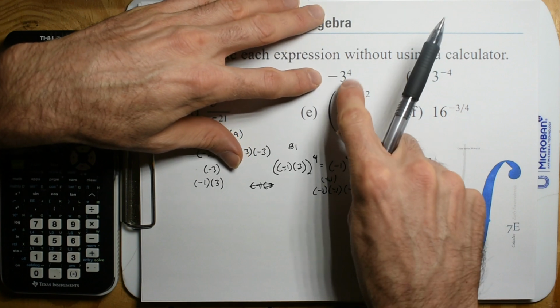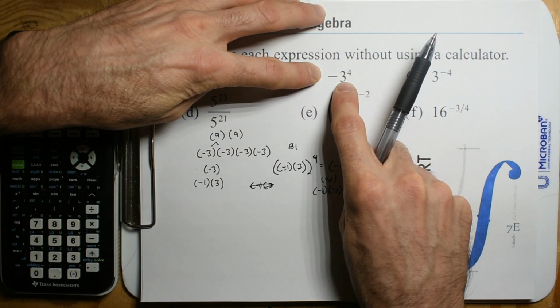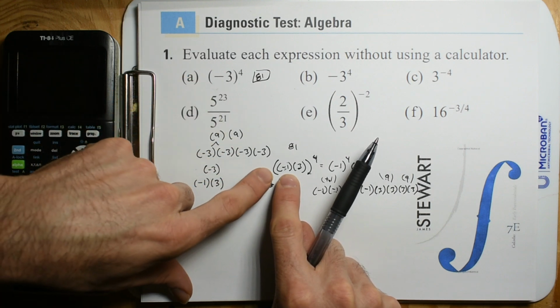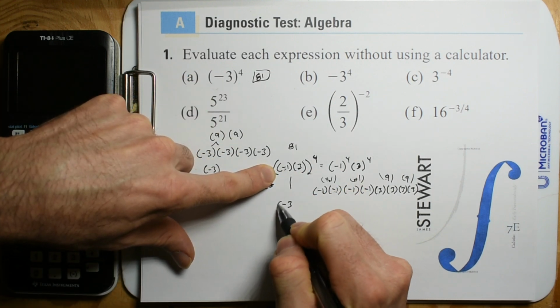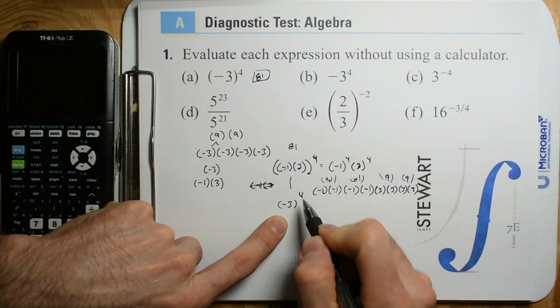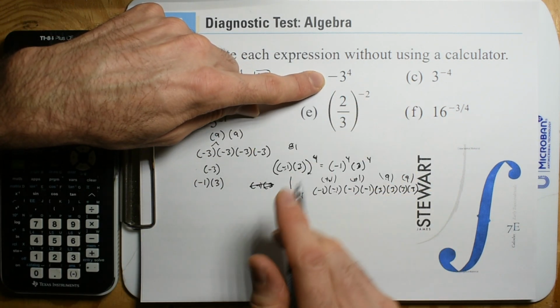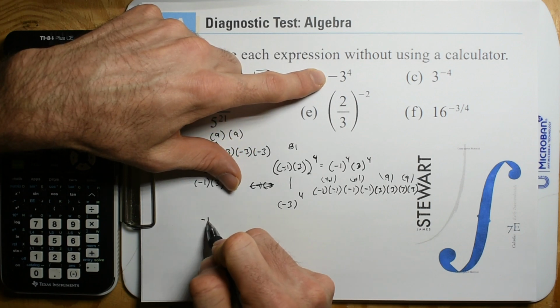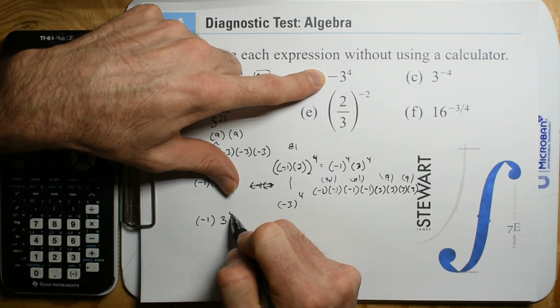All right, so what are we going to do here? Well, this is a little bit different. This was negative 1 times 3, which was equal to negative 3 in parentheses, and we took that to the fourth. See how these two are the same? This one is a little bit different, but we can treat this negative sign as a negative 1, and then we're going to have 3 to the fourth.